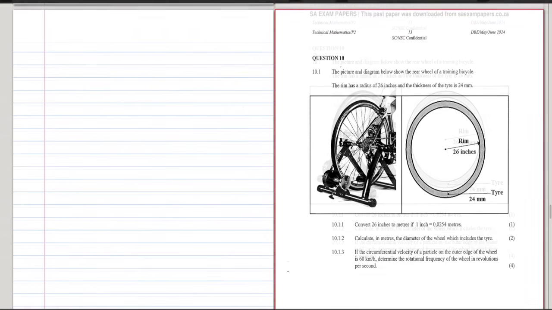In this question we are presented with a picture and a diagram below showing the rear wheel of a training bicycle. You know, those bicycles that you find in the gym. The rim has a radius of 26 inches and the thickness of the tire is 24 millimeters. Now take note, these are units of measurement.